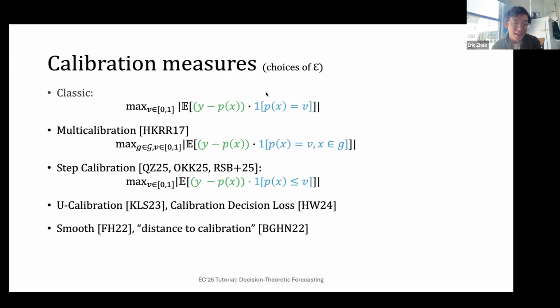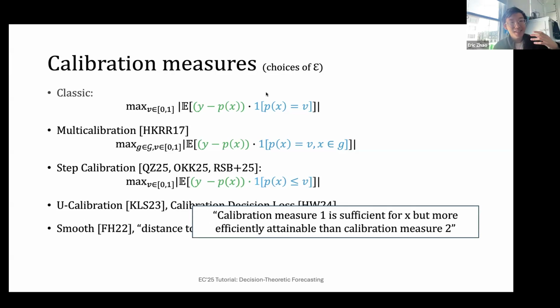The point here is that I'm sure I'm missing a lot more, but there are a lot of calibration measures, and they exist for a very good reason: different applications call for different things. Usually we want the minimally sufficient notion of calibration, because we want to obtain that downstream application as efficiently as possible. So you'll often see papers take this framing: calibration measure one is sufficient for X, just like calibration measure two, but it's a lot weaker than calibration measure two and it's efficiently attainable.